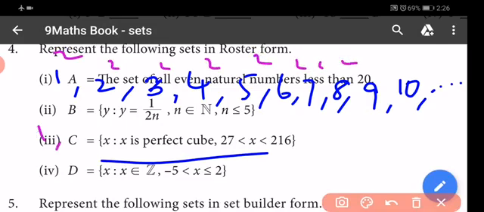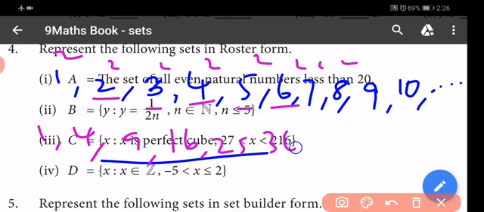That means 1 squared is 1, 2 squared 4, 3 squared 9, 4 squared 16, 5 squared 25, 6 squared 36, 7 squared 49. These are all perfect square numbers.